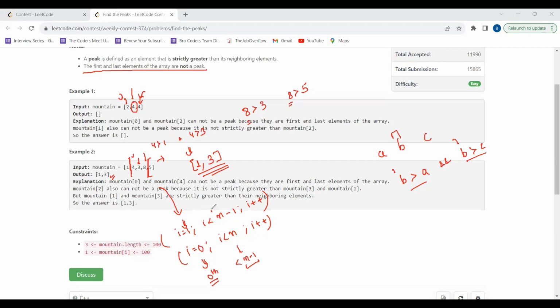Some people don't do this, but I find this approach, just straight away skipping the first and last element, a simpler way to avoid any kind of error. Otherwise you may encounter an error wherein you are at the n minus 1th element, and you are checking to its right, and there's no element to its right. Is it clear, everyone?